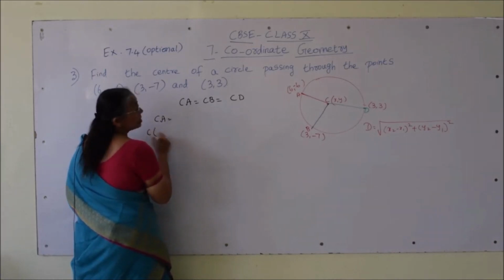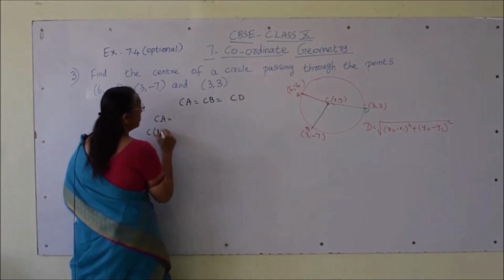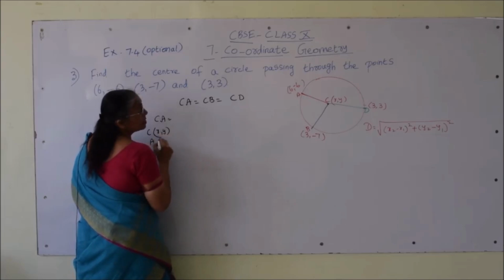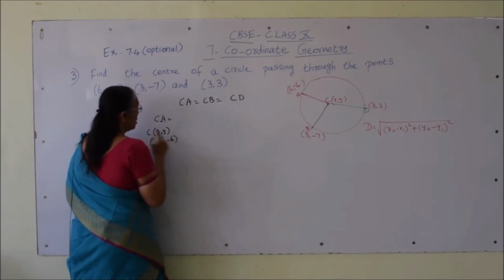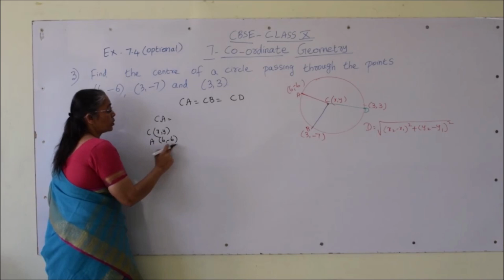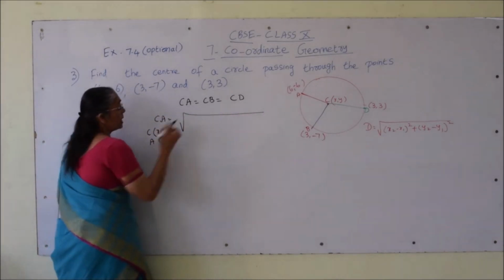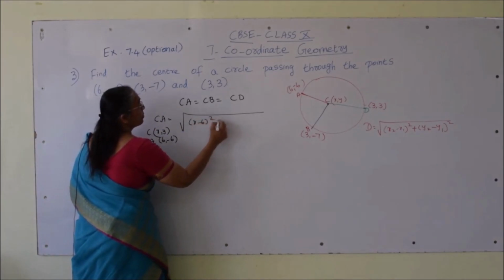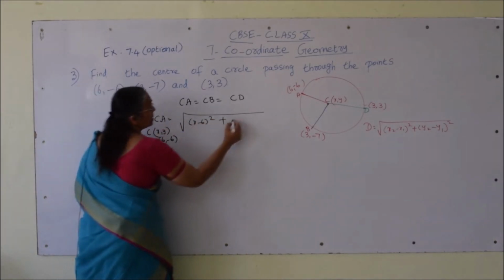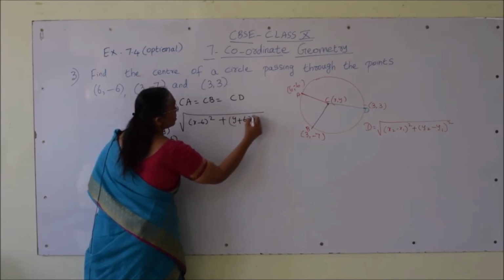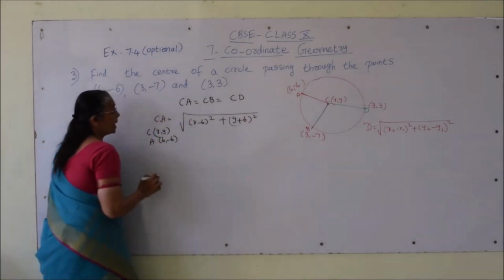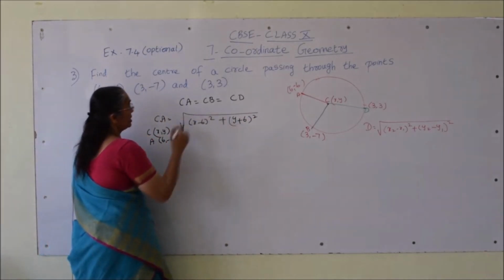C is (x, y) and A is (6, minus 6), so this is x1 y1, this is x2 y2. The distance is x minus 6 whole square plus y minus of minus 6, that is y plus 6 whole square.